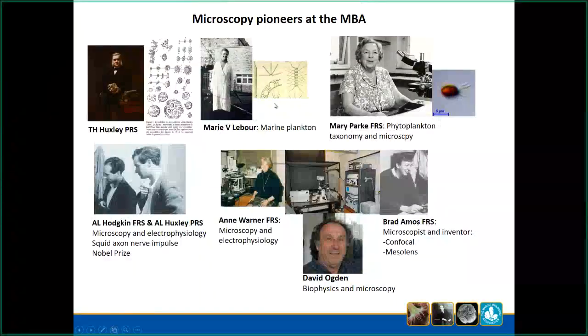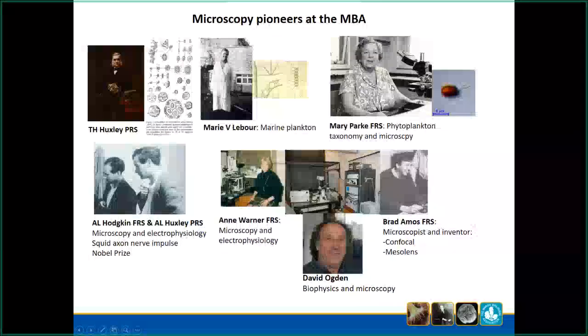Other great examples are Marie Lebour, who was a plankton biologist, and she created some of the very early images of phytoplankton and zooplankton, collected mainly around the English Channel off Plymouth.